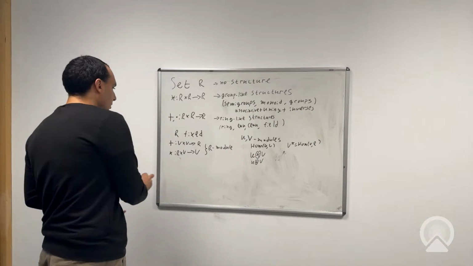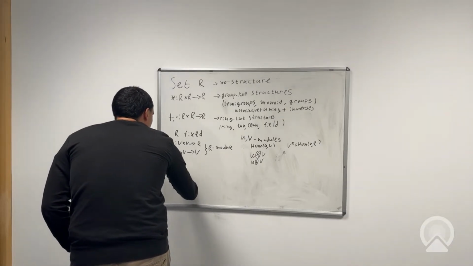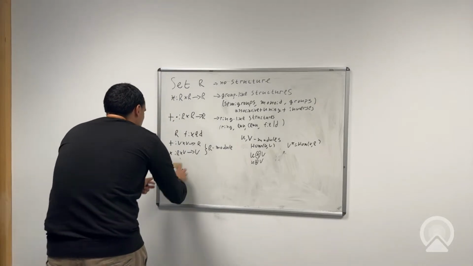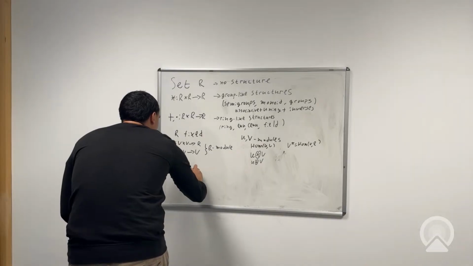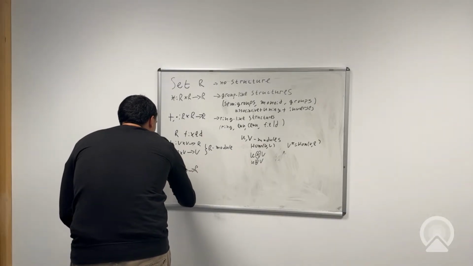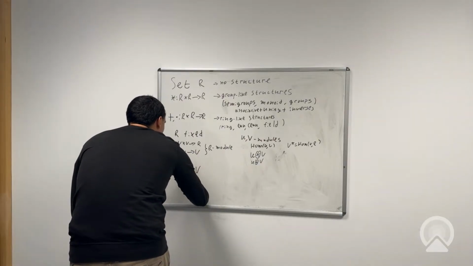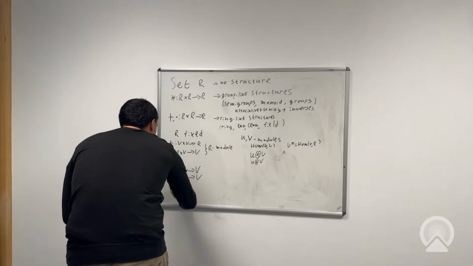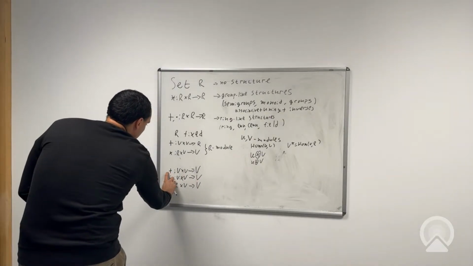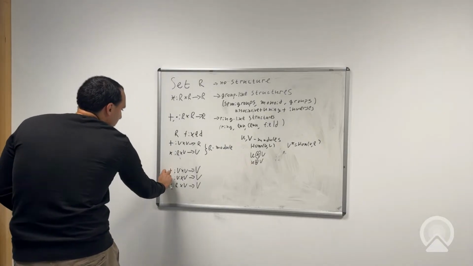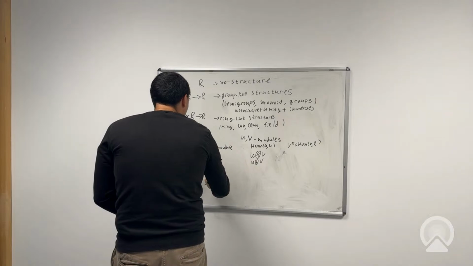If we have a module, we have plus and multiplication from R times V to V. These two form a module, and usually there is also a multiplication from V times V to V, and together it's our algebra.